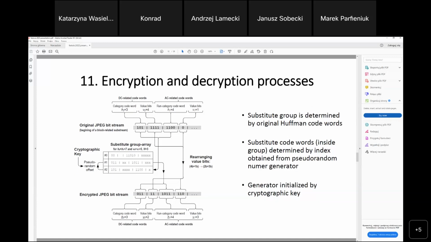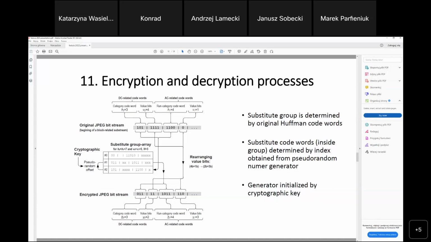Then substitute code words inside a group are determined by an index obtained from a pseudo-random number generator. And this generator is initialized by a cryptographic key.